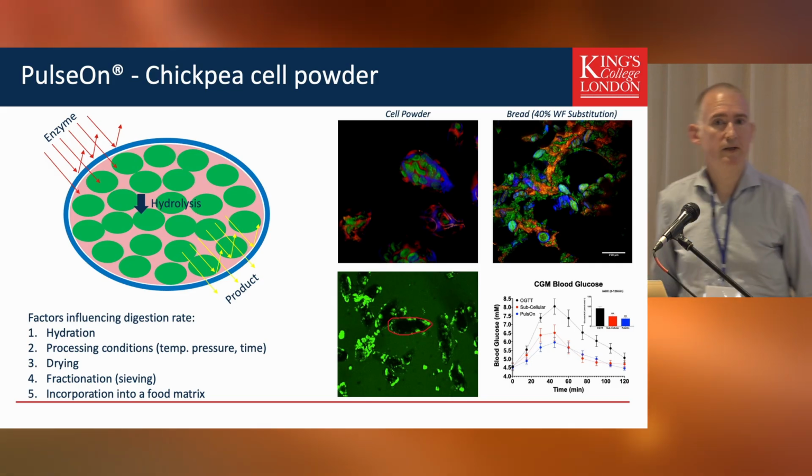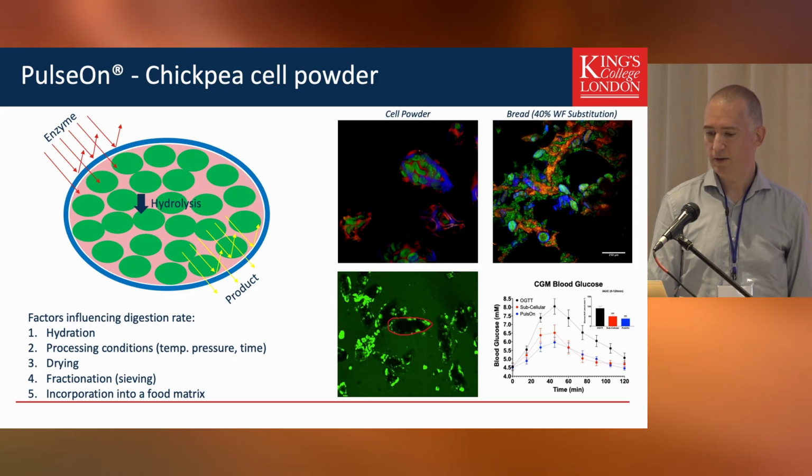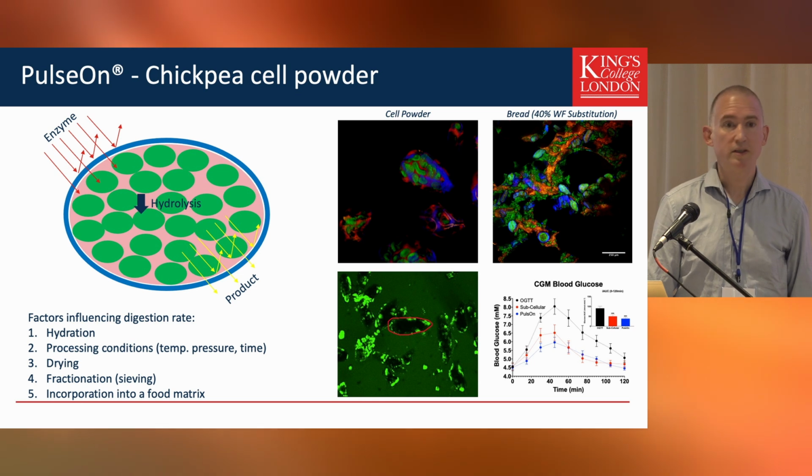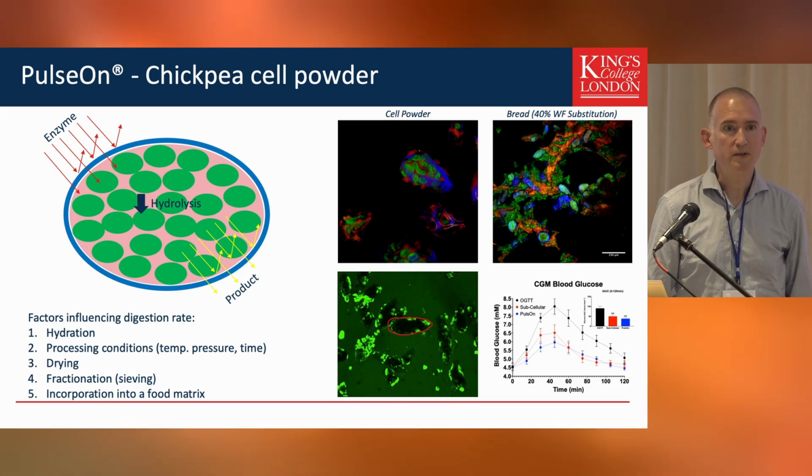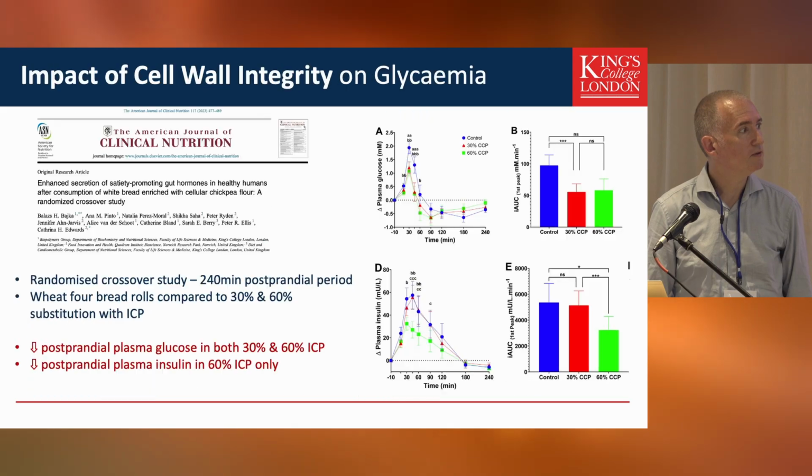And as I talked about in a last meeting, you can have a significant reduction in postprandial plasma glucose. And experimentally, when we put some labelled enzyme into a solution, we can measure the rate at which the enzyme can enter the cells.